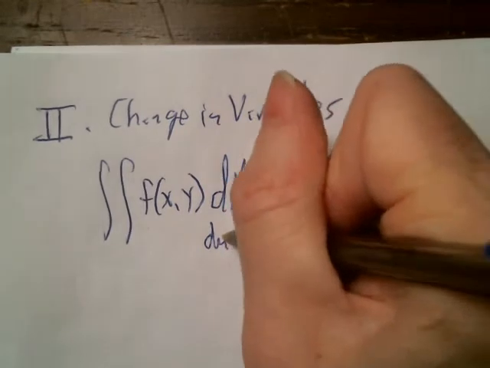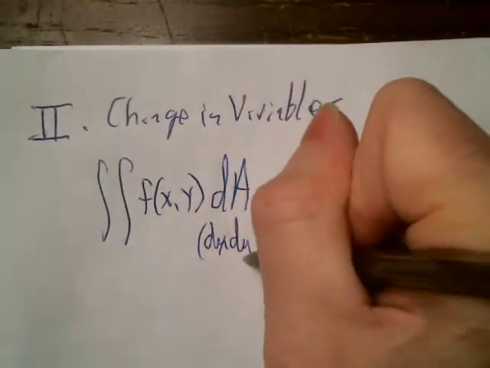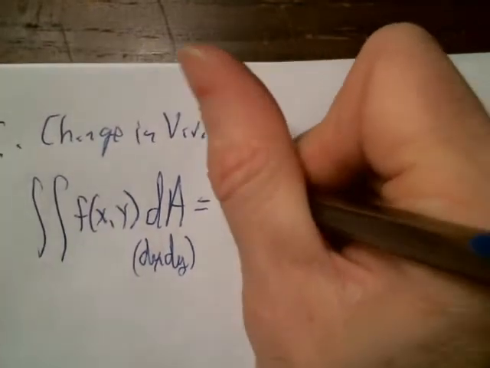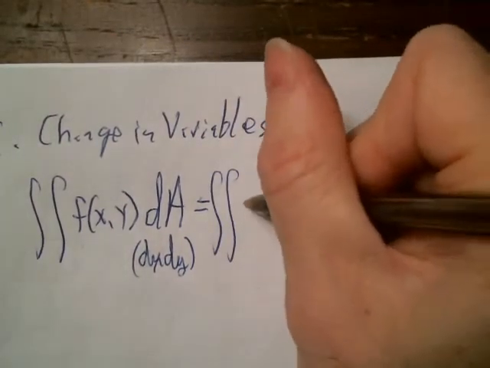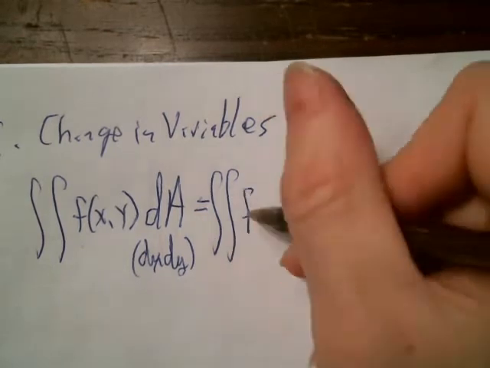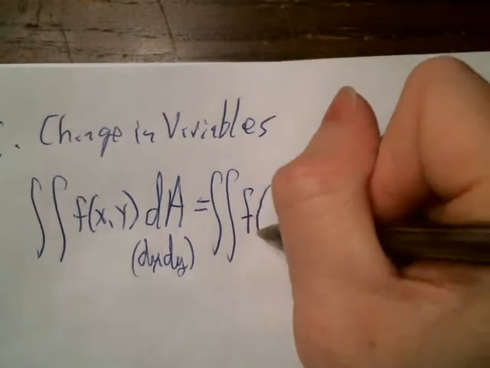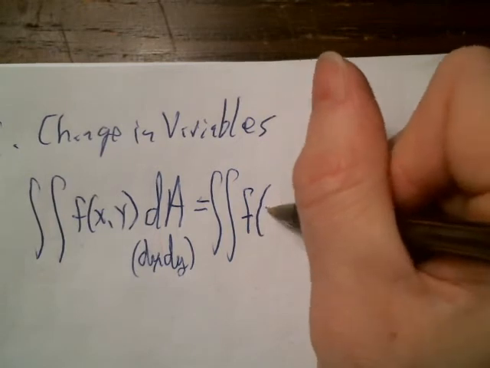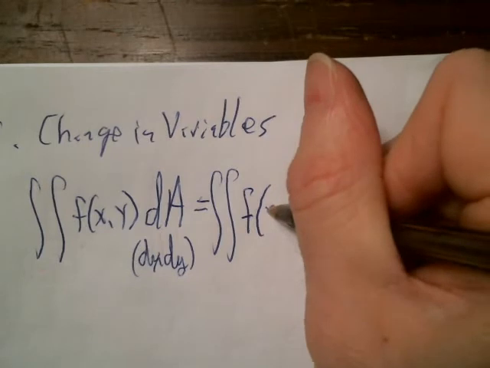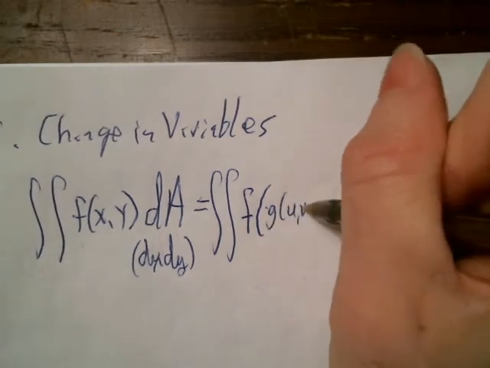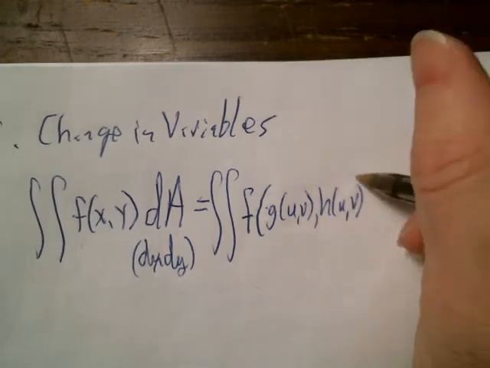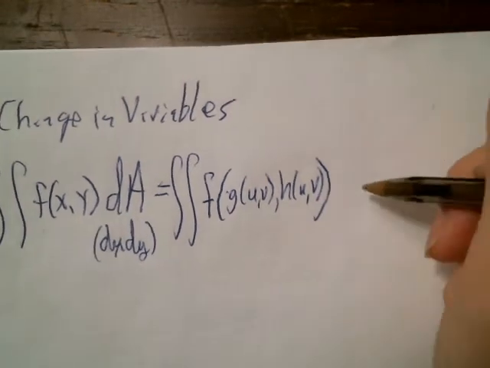Okay, so this is just your dx dy thing. We want to do a substitution for x and y. So instead of letting x equal some function of theta for a trig sub, here we're letting x equal some function of u and v. So we'll have something like g of u and v, and then h of u and v. Okay, so it's a lot more complicated with all the variables.